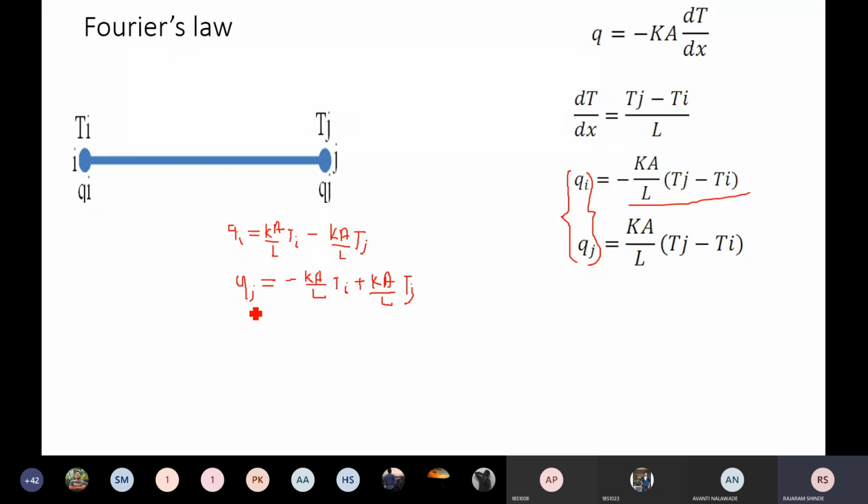Now you see this is your linear equation, this is also your linear equation. Now these two linear equations we can write in matrix form. How can we write it in matrix form?